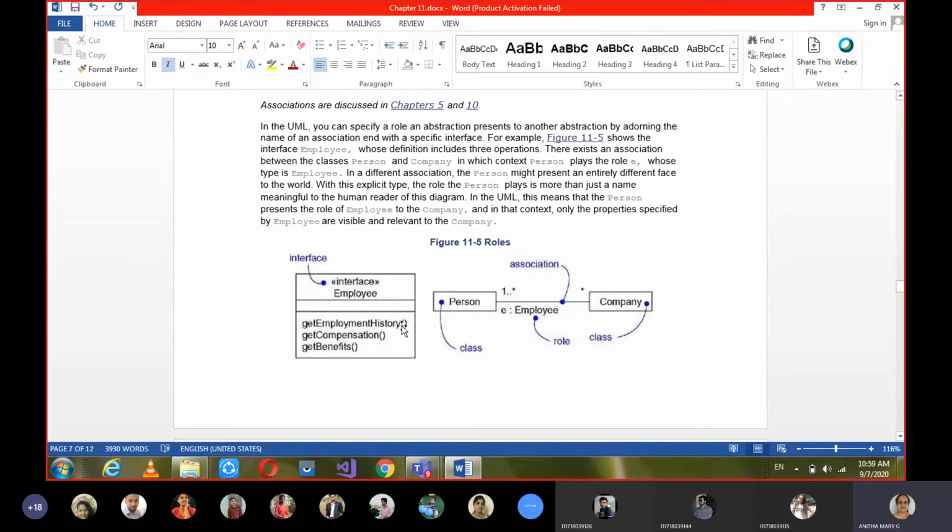When this interface or service is implemented for a particular person, whatever they want from the history can be calculated. And get compensation. They may say probation or regularization of the employee. Say, as a fresher, maybe probation is for 3 years.